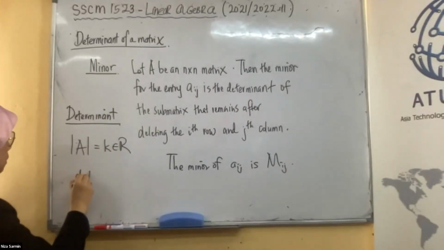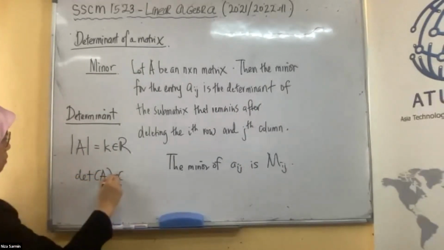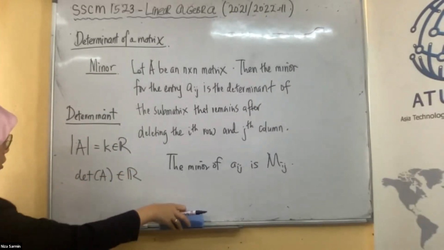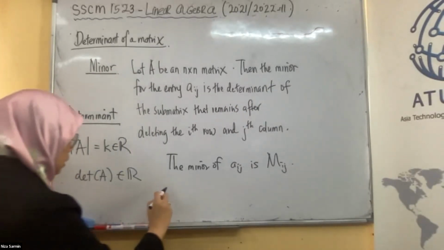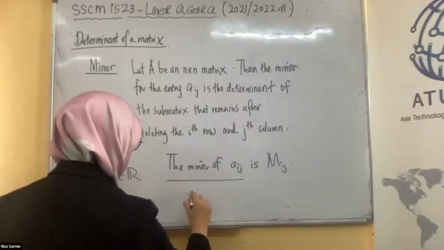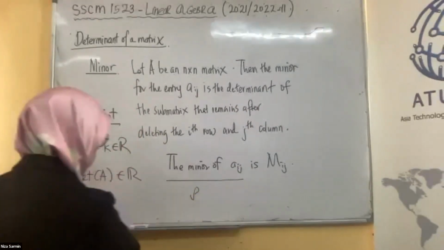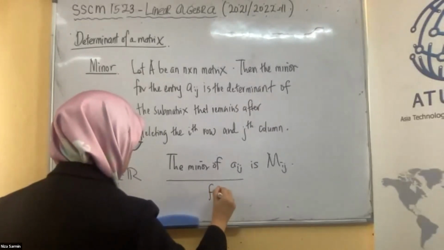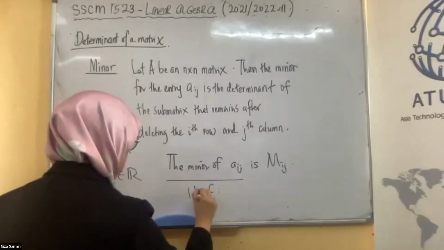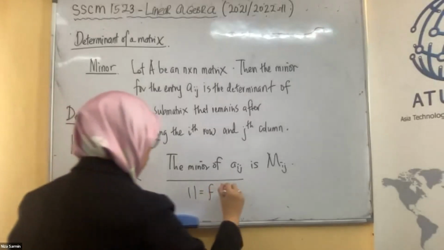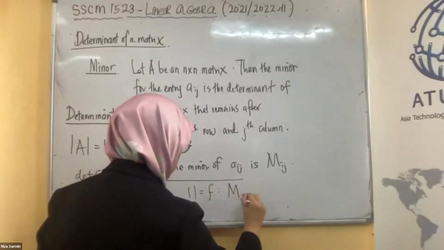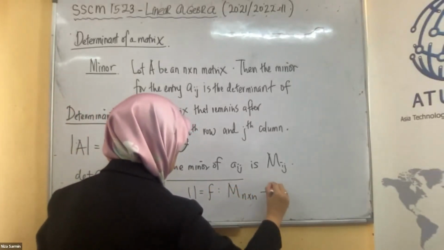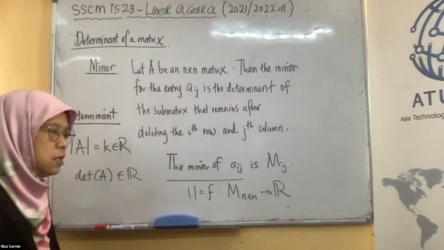Or we put determinant of A. So that's why I said it's like a function, which is actually this determinant from m by n matrix to the real number.